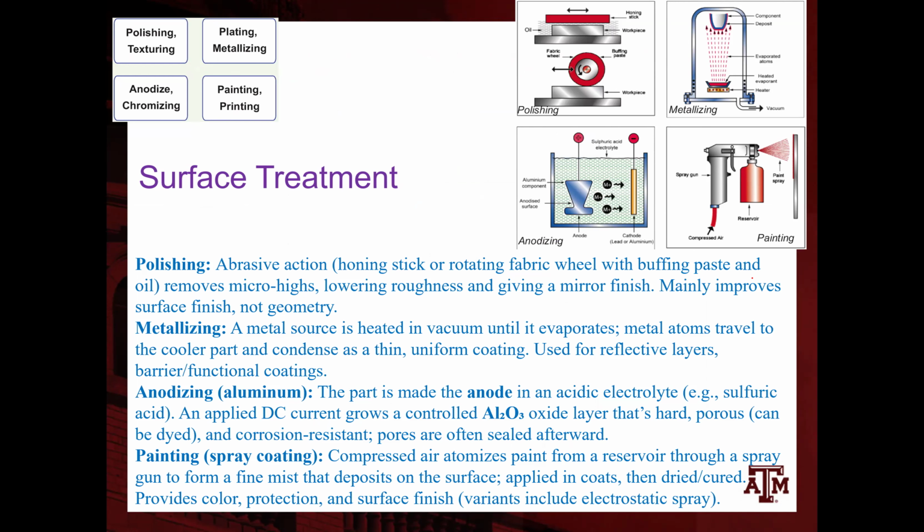And then eventually, in many cases, we also would like to apply some kind of surface treatment, whether just for the polishing of the surface, or in many cases, if the material will be used in a corrosive or oxidizing environment, then it would make a lot of sense to add protective layers.